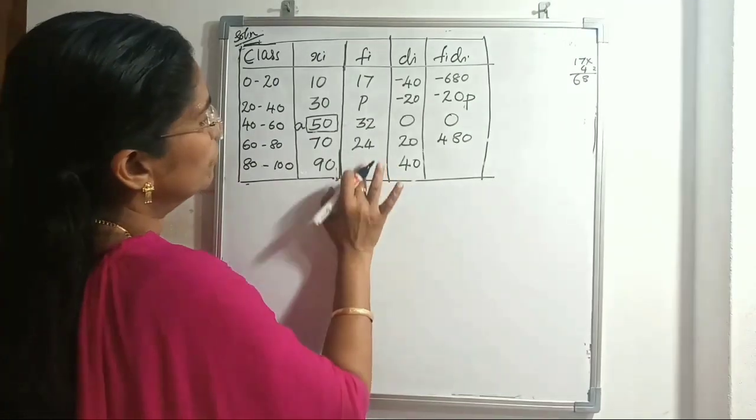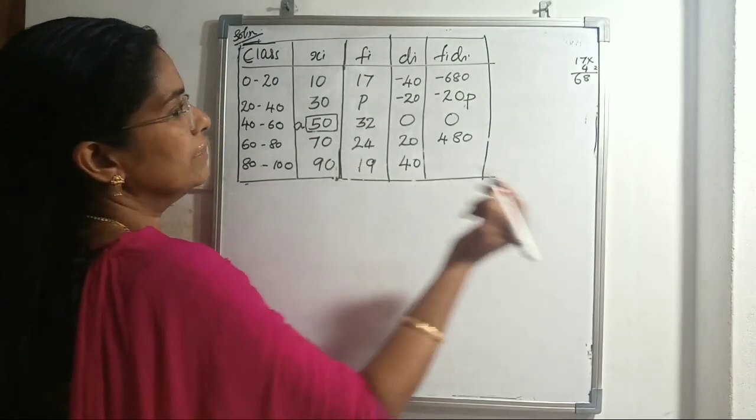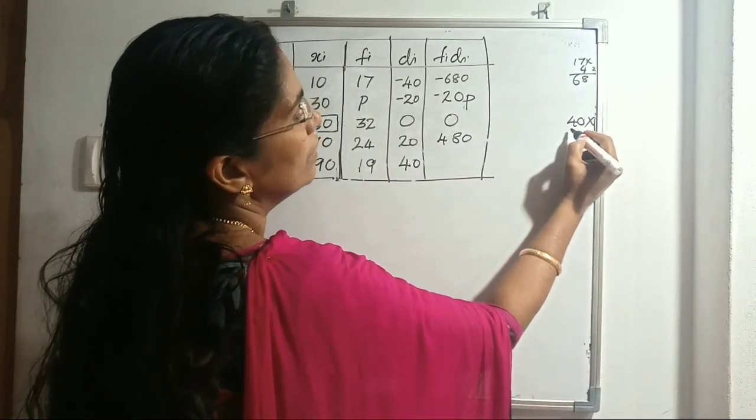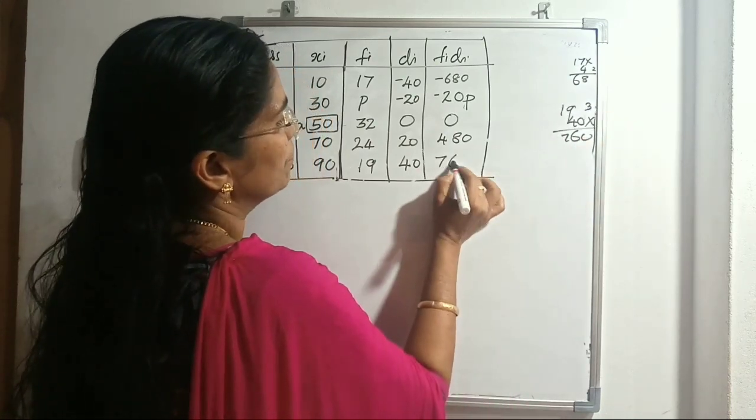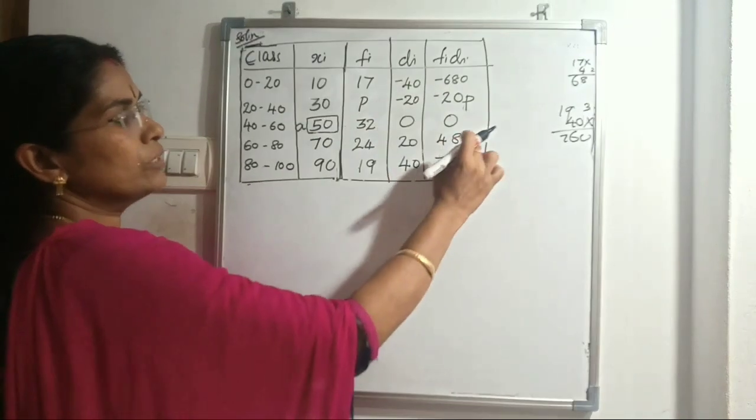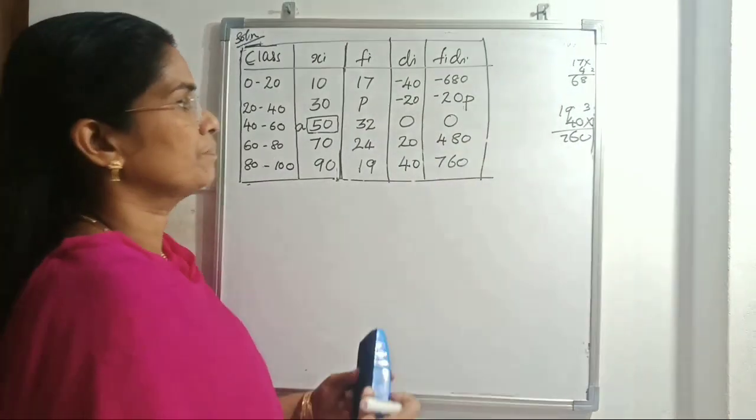Sorry, the value here is 19, not 40. So 19 into 40 is 760. Okay. There are two negative values and two positive values.